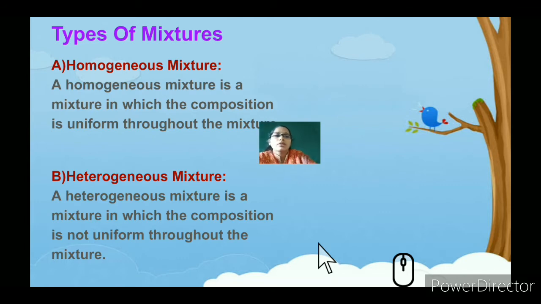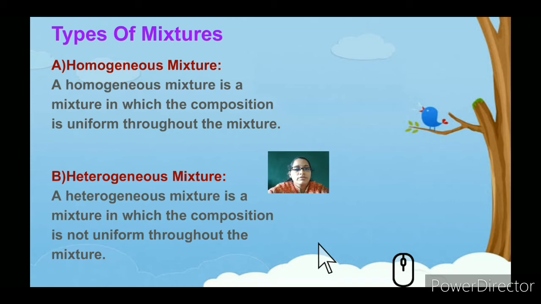So we should understand the types of mixtures. There are two different types of mixtures: homogeneous mixture and heterogeneous mixture. Coming to homogeneous mixture, take an example: when we mix a teaspoonful of sugar in water, we can see that no crystals or particles of sugar are present after stirring for a long time.